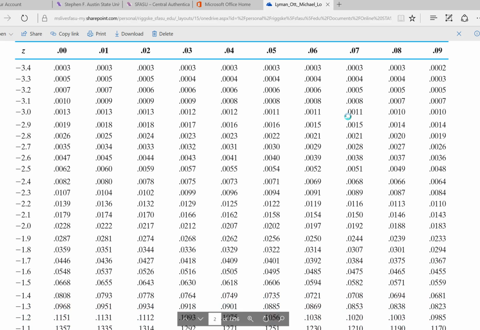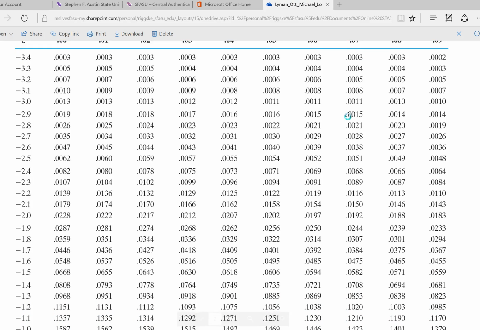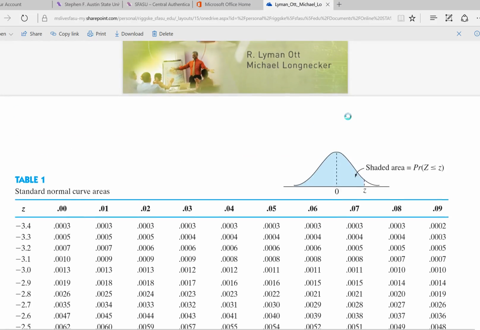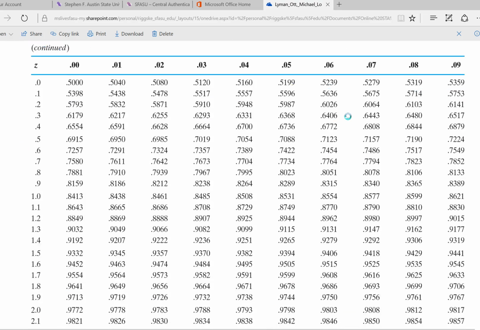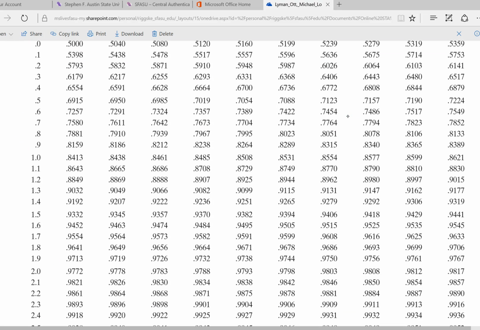I look in the table for a left area that's as close to 0.90 as possible. Looking in here for 0.90, I got 0.8997 and 0.9015.